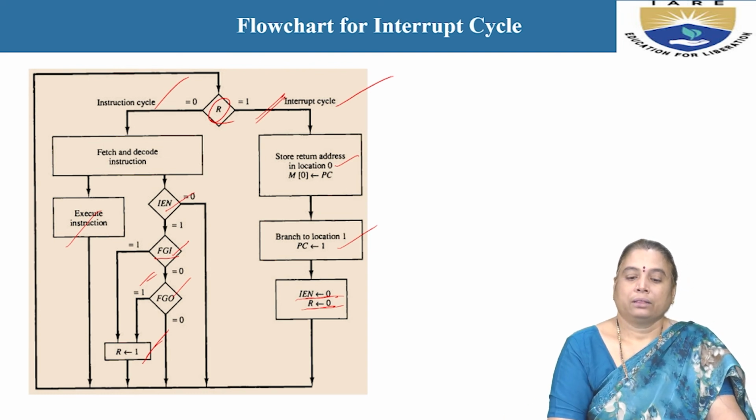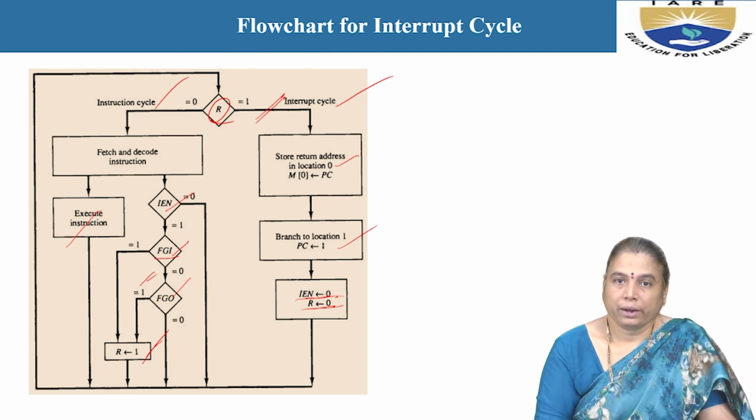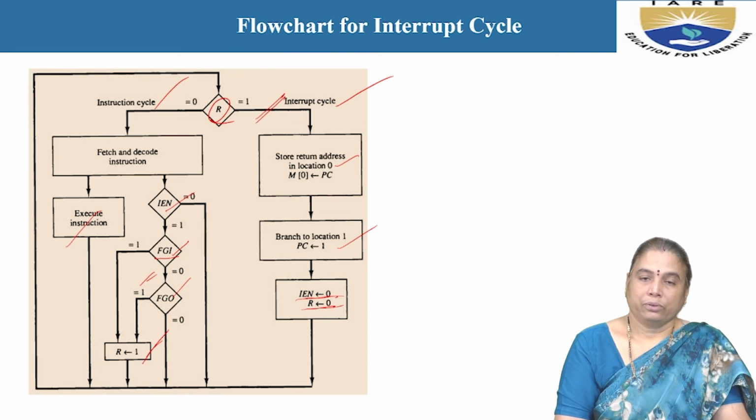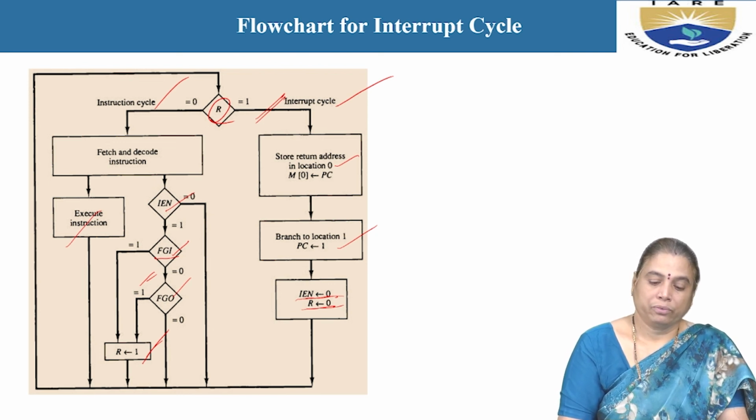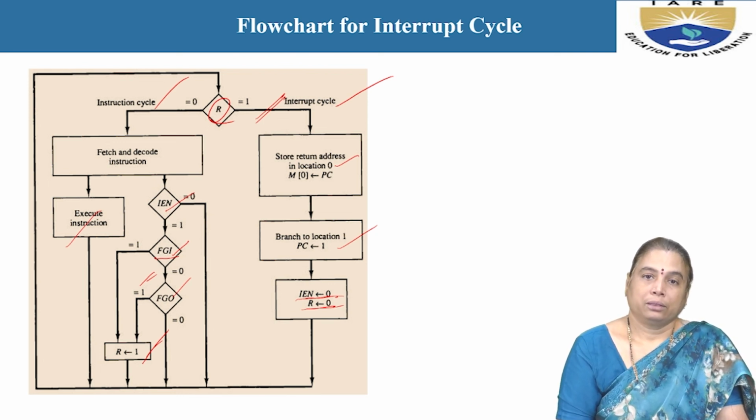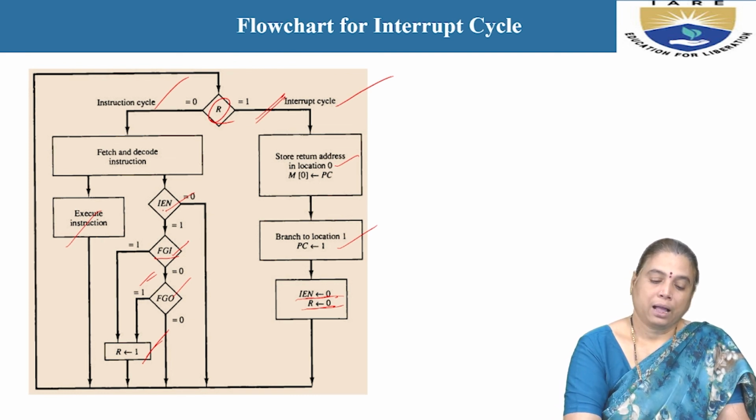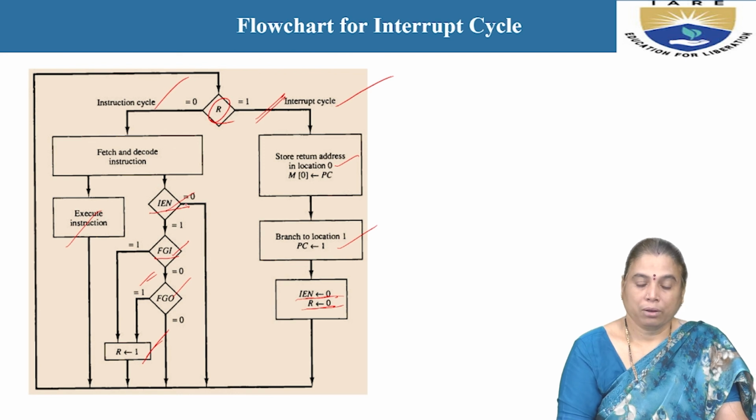In this way, the interrupt can be identified. So if the R flip-flop value is 1, then the interrupt can be identified. Not only that, during instruction execution also, with the peripheral devices, an interrupt can be raised. It can be identified with the IEN, the interrupt enable value.